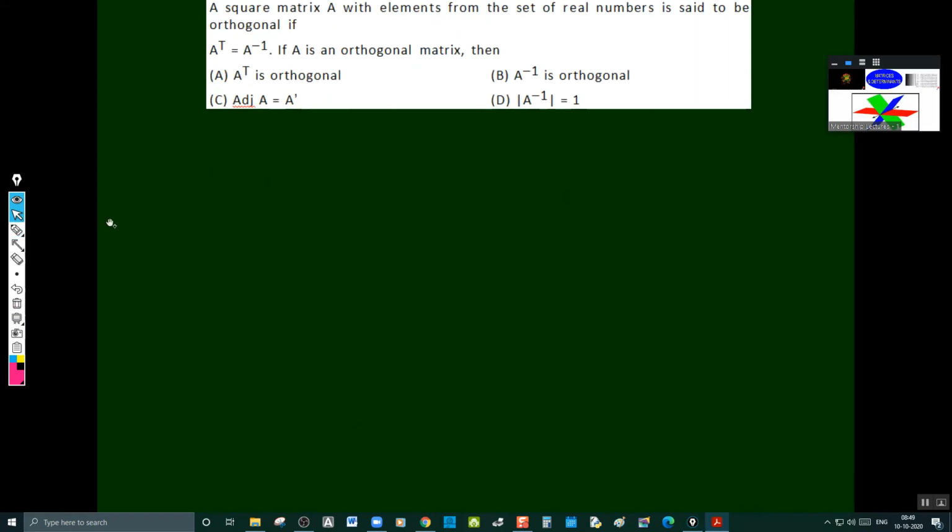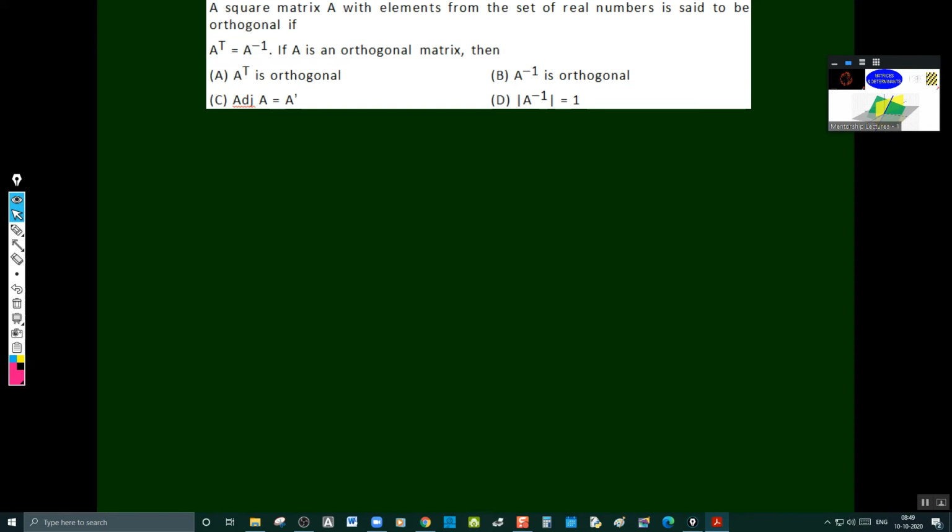A square matrix A with elements from the set of real numbers is said to be orthogonal if A transpose is equal to A inverse.